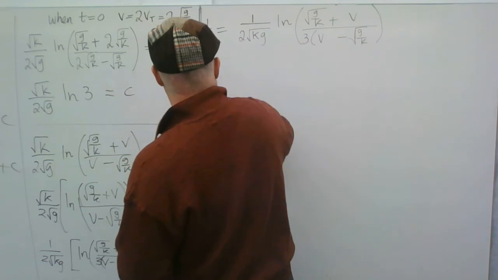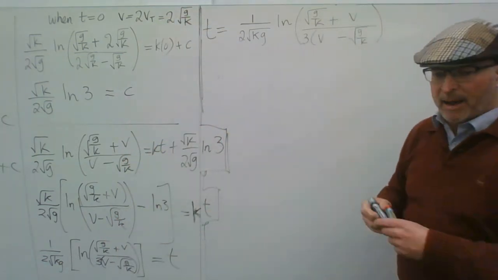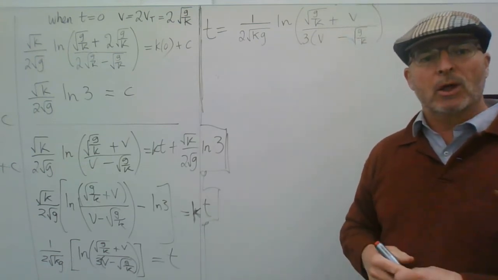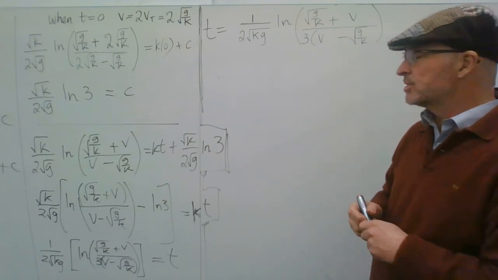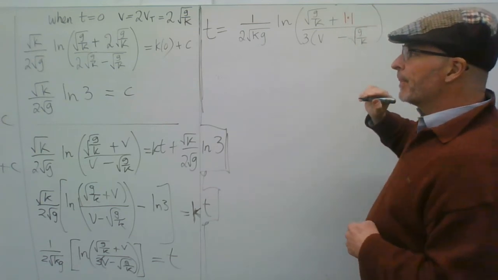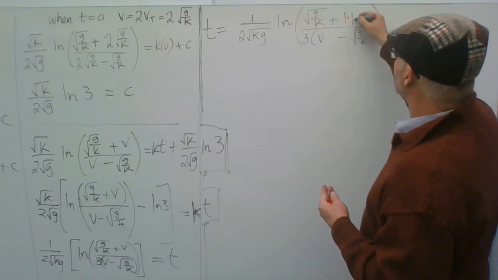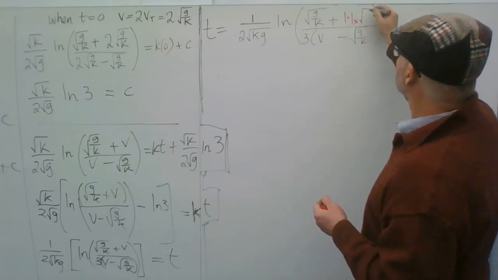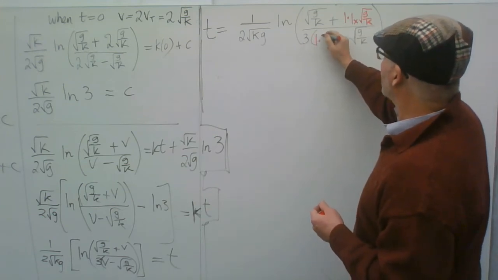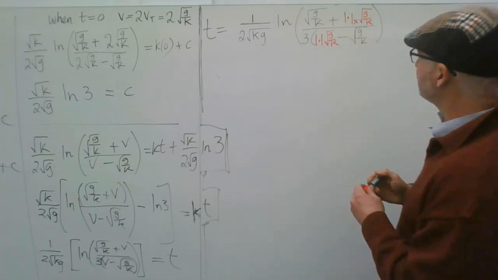So that's our equation there that we're working with, but instead of v, we're putting in 11/10ths of the terminal velocity, 11/10ths of vt, like the question said. So we're putting in 1.1 of the terminal velocity, which is root g on k. And here we're putting in 1.1 root g on k.